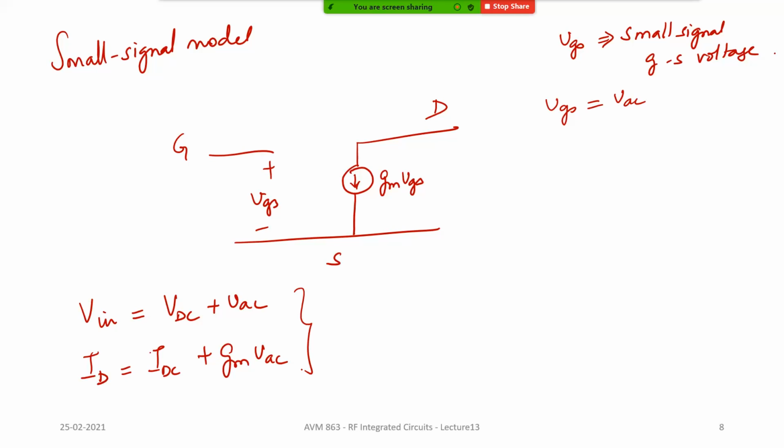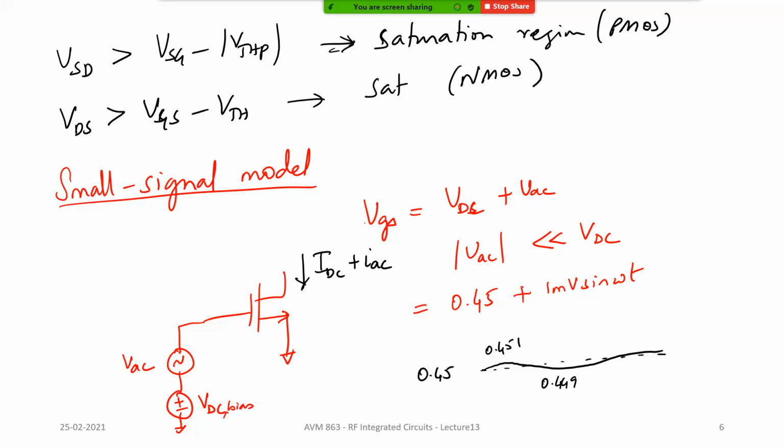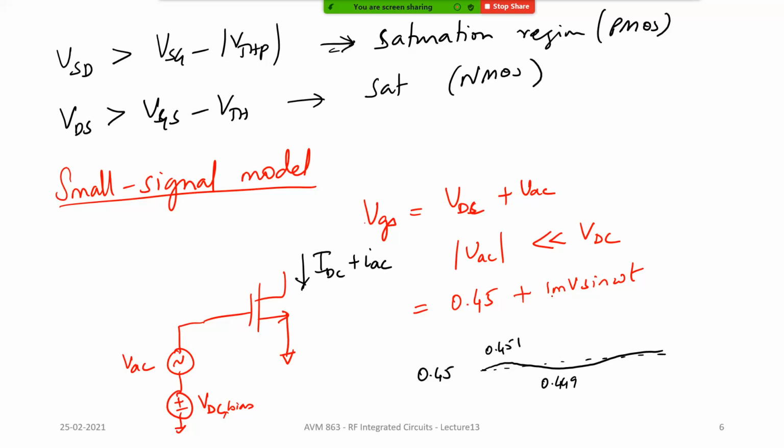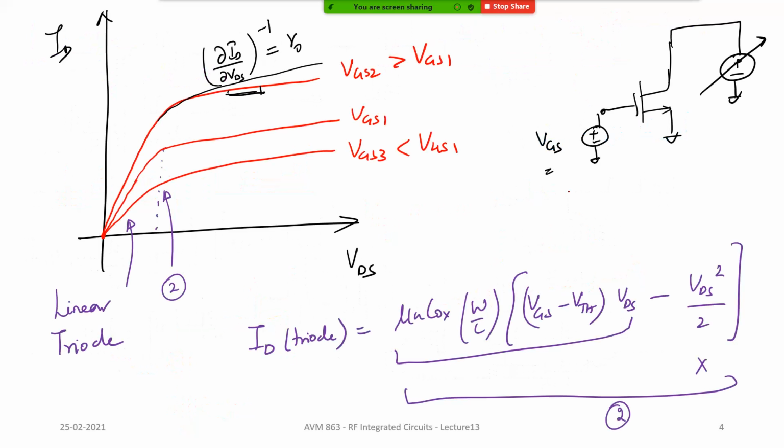Now this model is valid only in the saturation region, so VDS has to be greater than VGS minus VTH, and that is where all amplifiers will work. Here we saw that there is a slope, some dependence on VDS.